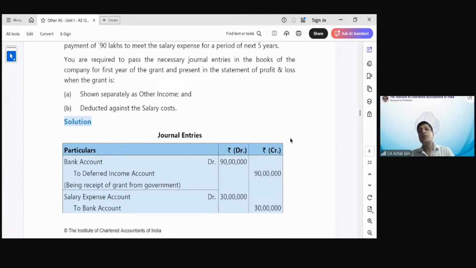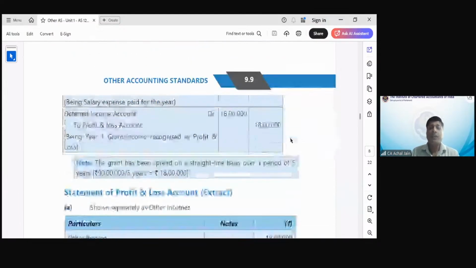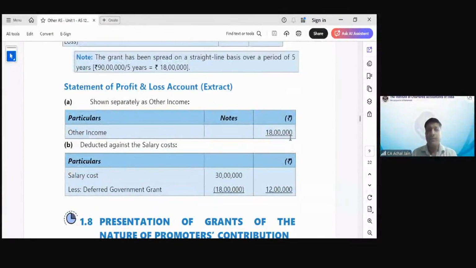So this accounting entry will also be answered in the solution. Now, if you go to the extract of the P&L, there will be two parts to it. One, you will show other income as 18 lakhs. And the other part will be the expense side, which is on employee cost.